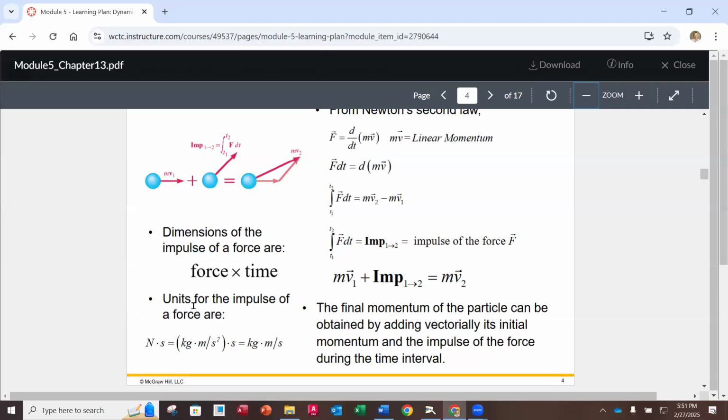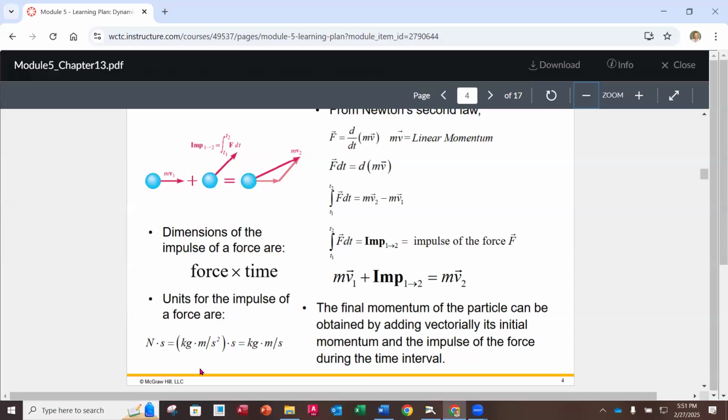Now, here are the units that we would expect in the metric system for impulse and for momentum. So impulse, because we're going to take force times time, is going to be a Newton times a second. Now, if we take a Newton and we expand it out as a kilogram meter per second squared, and we multiply it by seconds, we end up with a kilogram meter per second, which, if we look at momentum, you'll notice here, momentum is mass, kilogram, times meters per second.